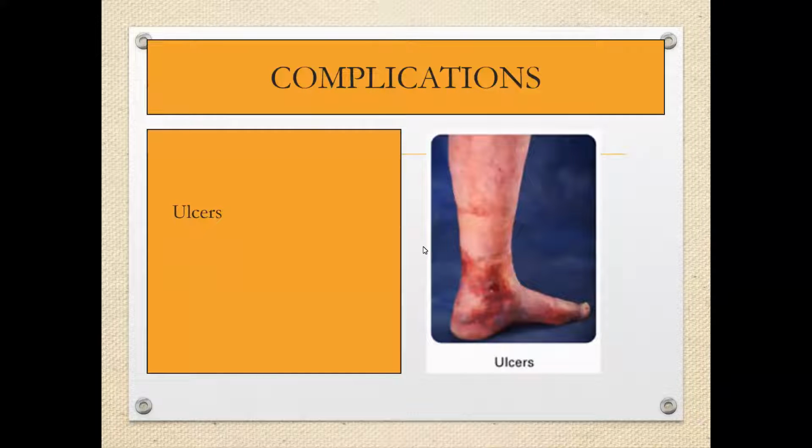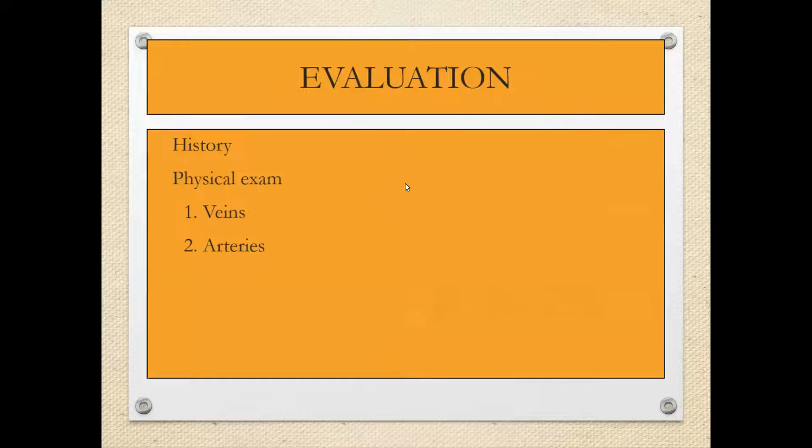And unfortunately, the worst stage of this is right around the ankle, the most common location where the skin begins to open up and actually ulcerate. And besides being very difficult to heal, it becomes very painful and is a risk for infection. So when someone comes to the office, how do we evaluate your varicose veins?